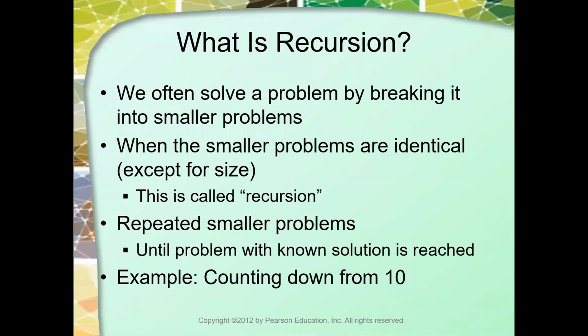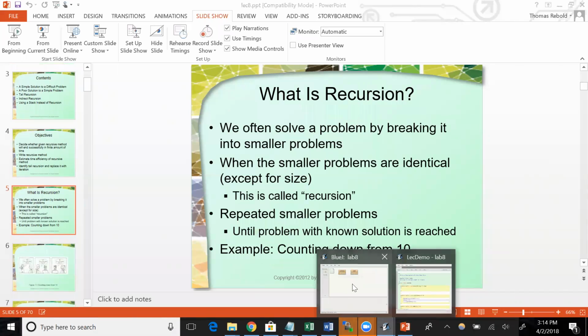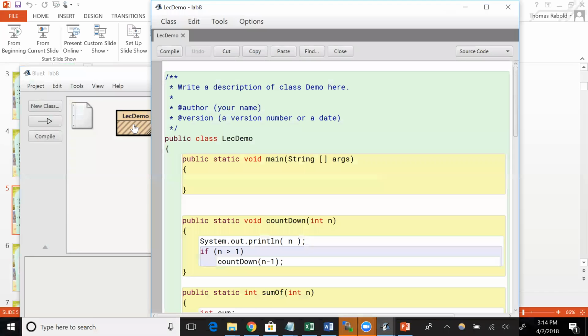So we could start with an example in the lab. This lecture demo file shows you a main method, and one of the things we could do in the main method is call countdown of, say, 5.